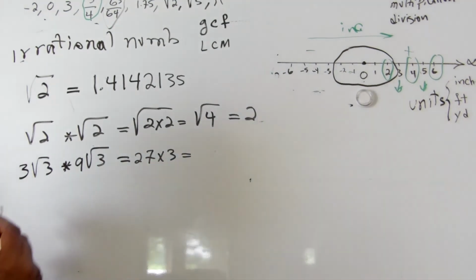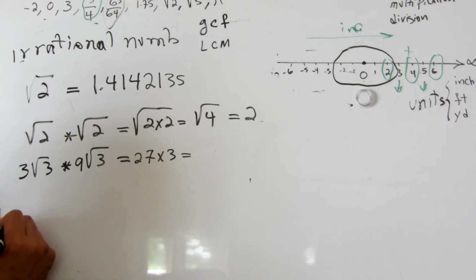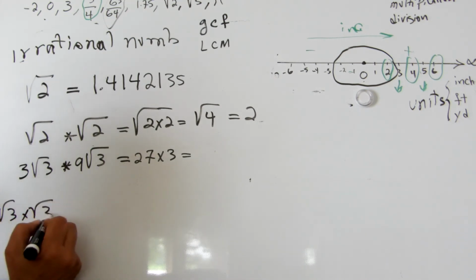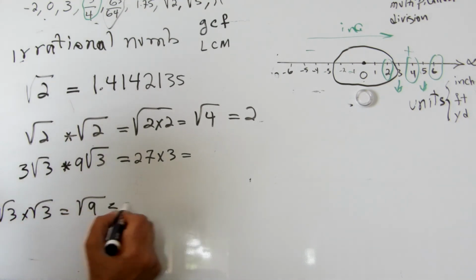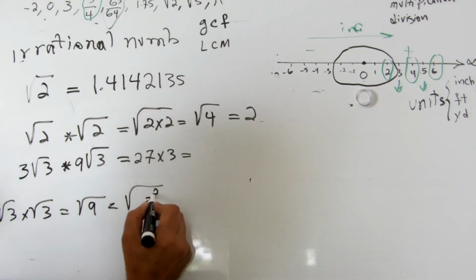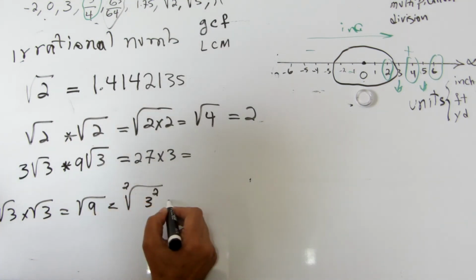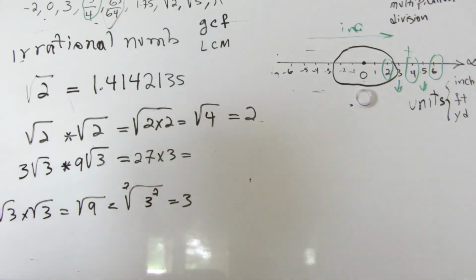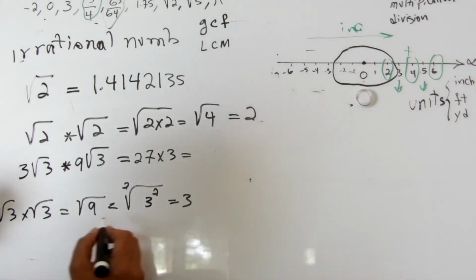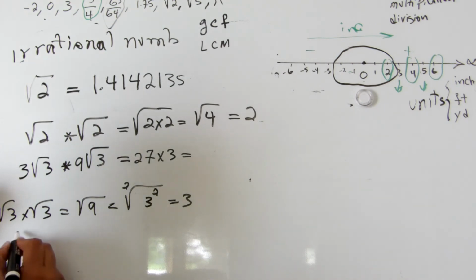Because radical 3 times radical 3 is equal to radical 9, which is 3 to the power of 2 under the radical, which gives 3.